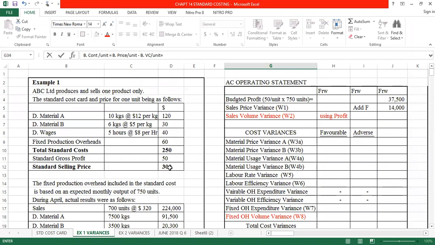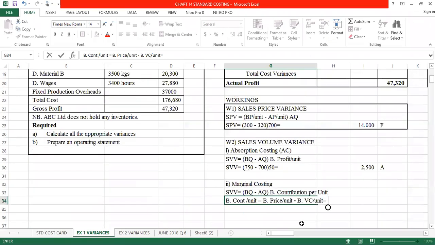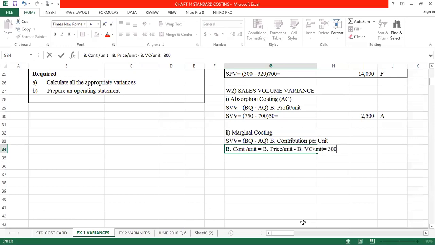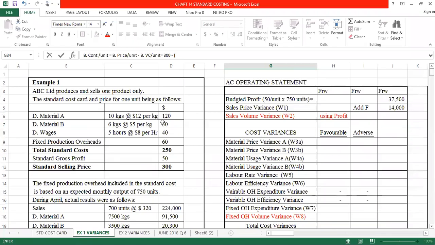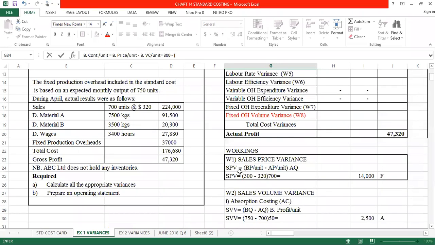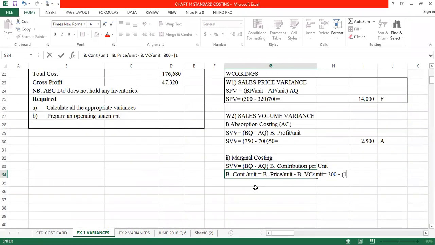Budgeted price per unit is 300. So that is 300 minus variable cost. Variable cost we have budgeted is 120 plus 30 plus 40. The 60 is fixed, so don't pick 60. So 120 plus 30 plus 40.